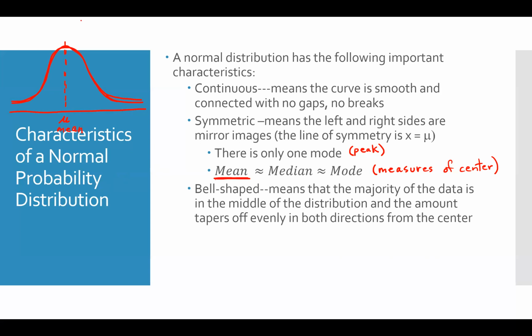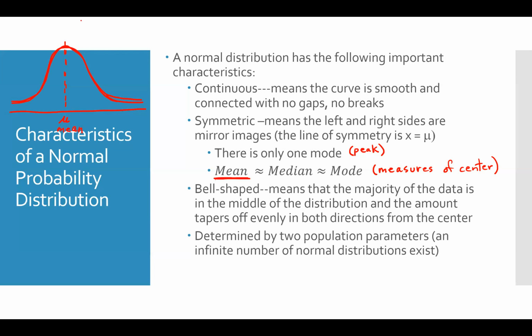The shape of that continuous symmetric bell-shaped curve is determined by two different population parameters. There are two numbers that control the shape: the population mean and the population standard deviation. We can choose any number we can think of for the population mean, any number in our number system.